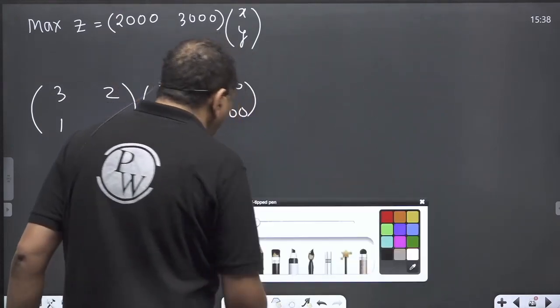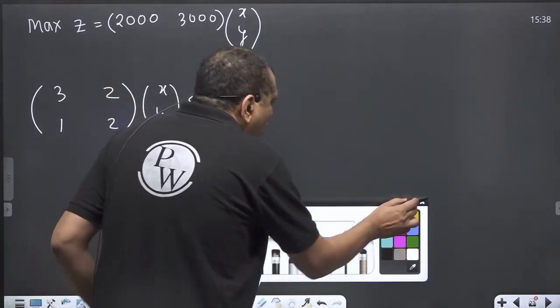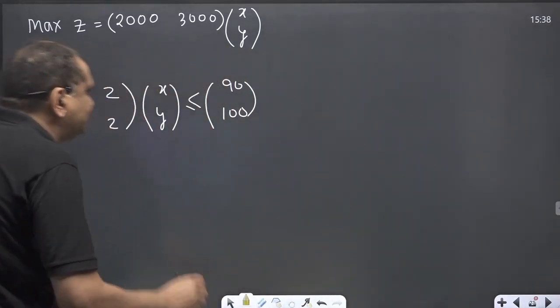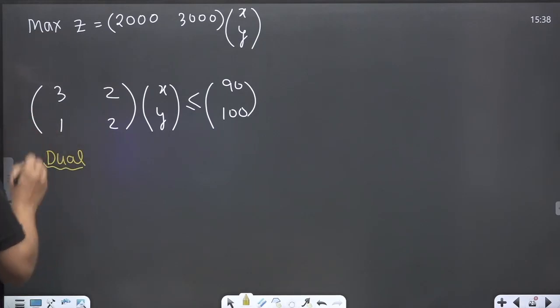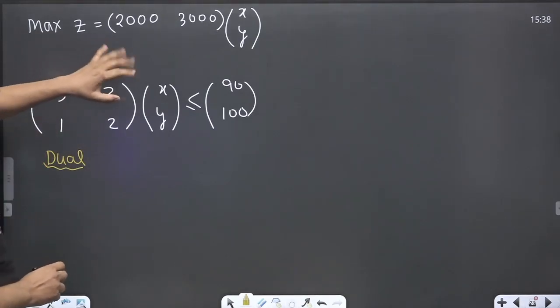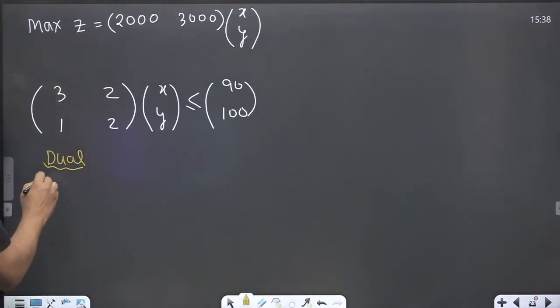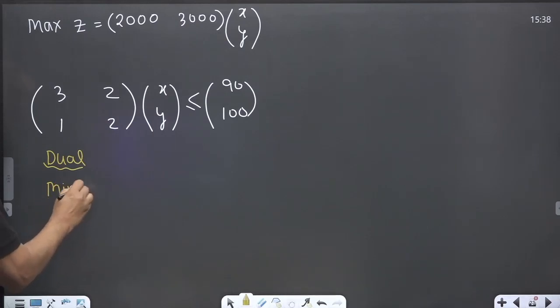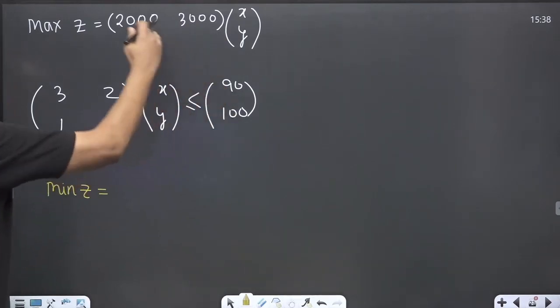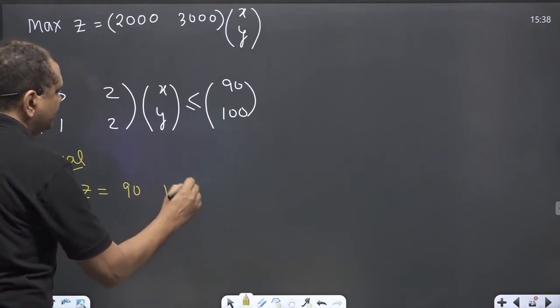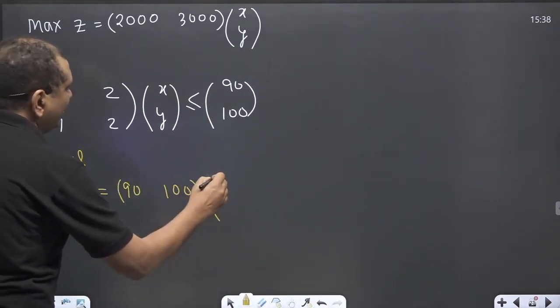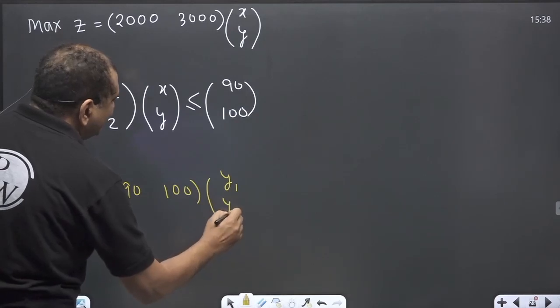Okay, everybody's okay. Now the dual. Everything will become reverse. Maximum will become minimum, Z. 90, 100 will appear here. Variables will be, let us say, y1, y2.